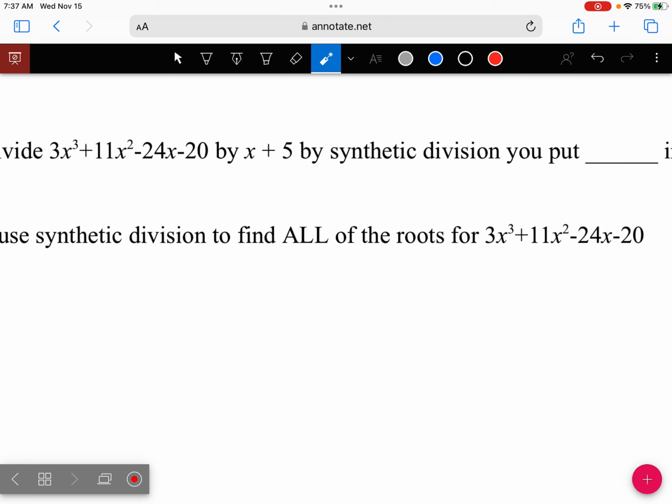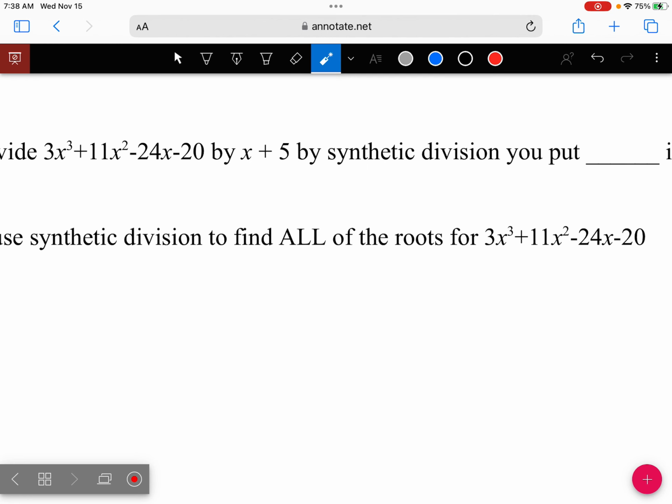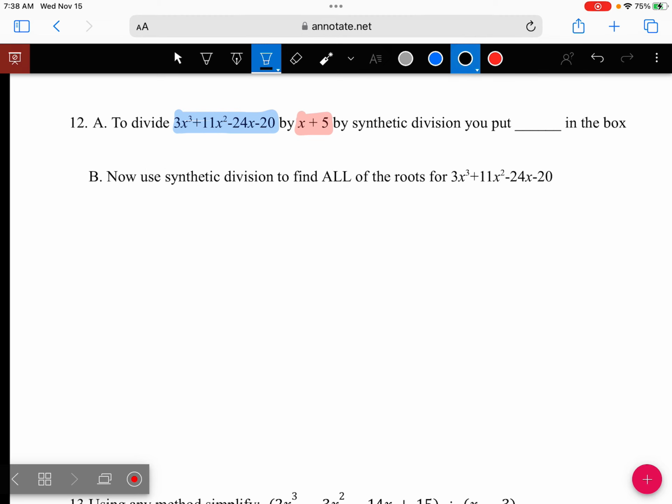All right, so our first question up here is when we divide this polynomial by this piece, and we set up our synthetic division, which, remember, turns division on its head, so it goes upside down.